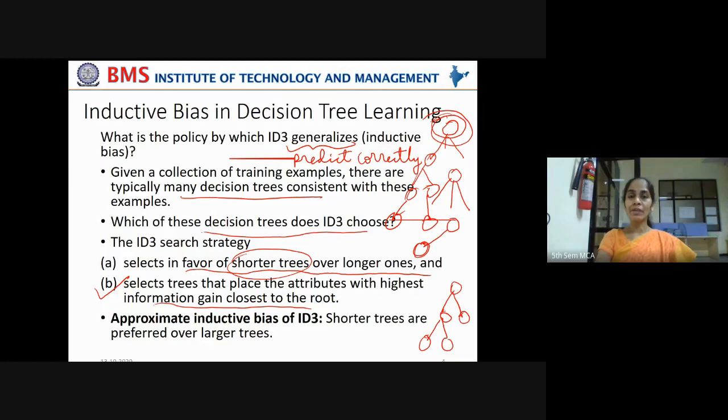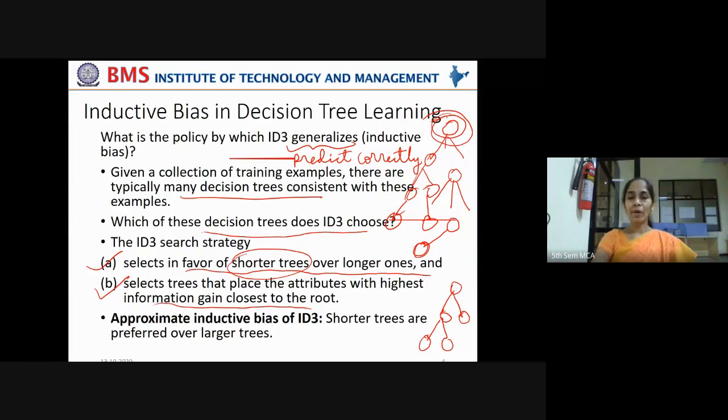The attribute having the highest information gain, if placed at the root node, will give better classification and result in less complex decision trees. Okay, so these are the two strategies followed by the ID3 algorithm in order to keep its decision tree, the optimal decision tree, as simple as possible.